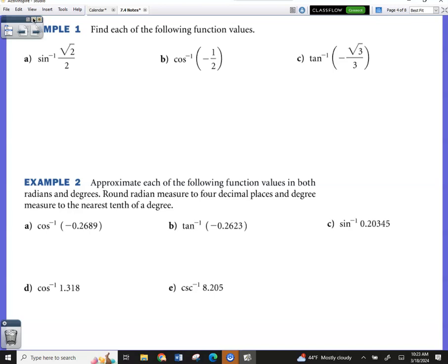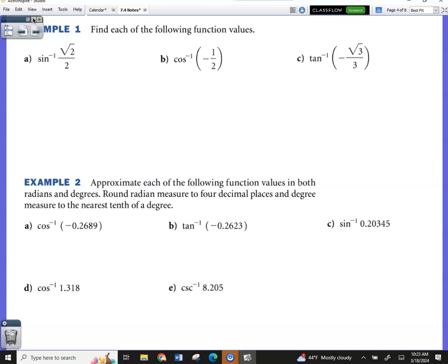Let's dive into the practice problem. It says find each of the following values. Let me back up. Go to your unit circle. Everybody put your pencil on sine of 5 pi over 6.